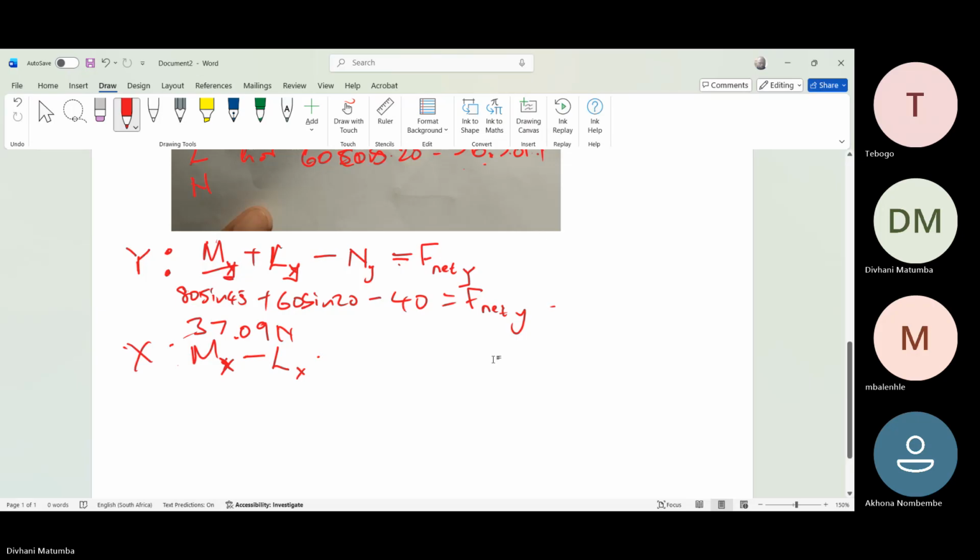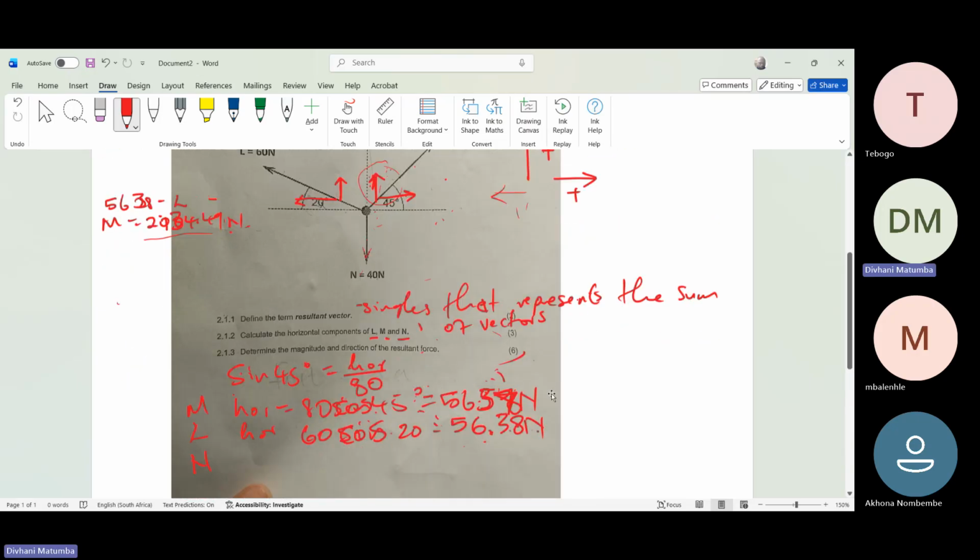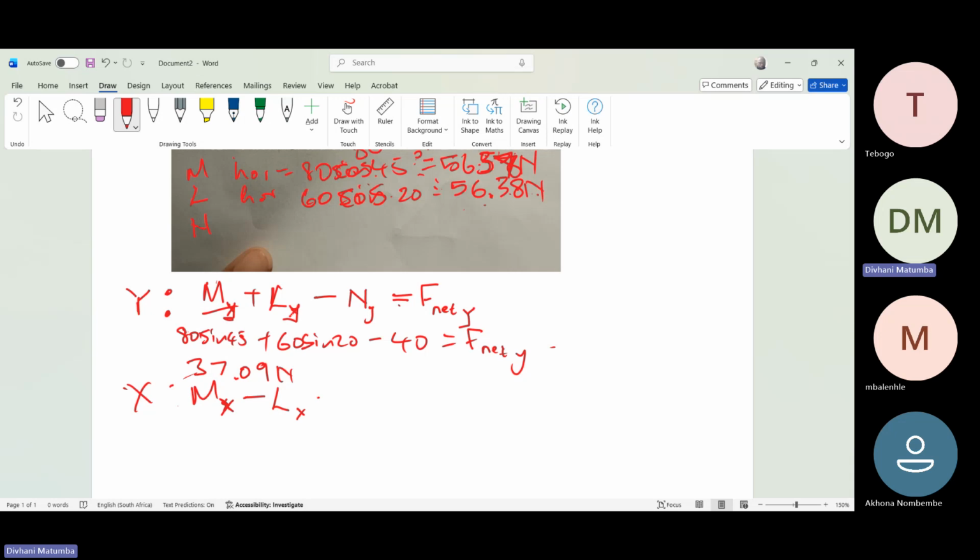Our N does not have a horizontal force, so those are the only two forces we're dealing with in the horizontal direction. This will be F net X.